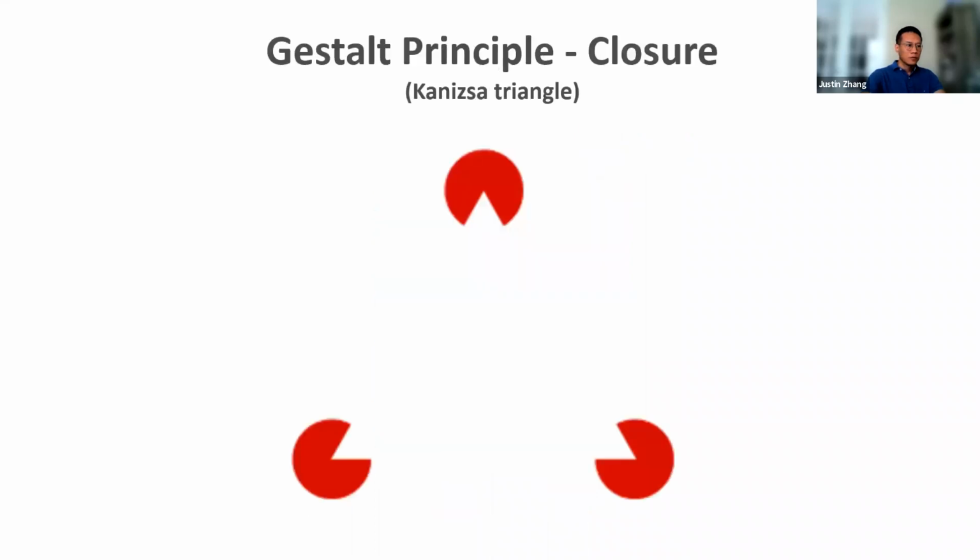Another example or principle is the Illusory Contour principle. If you stare at this image, see if you can see the white triangle that is on top of the 3 red circles. But actually there's no triangle there, but there are 3 pentagon shapes, but we can easily understand there's a white triangle in between.